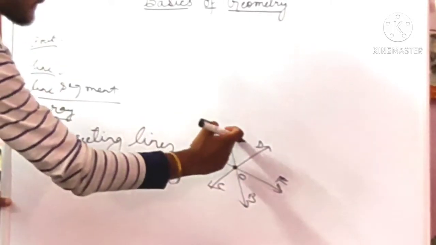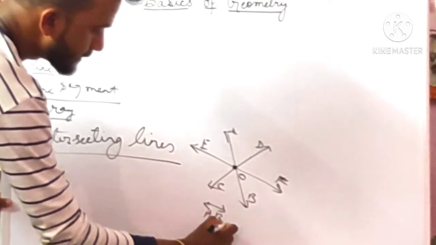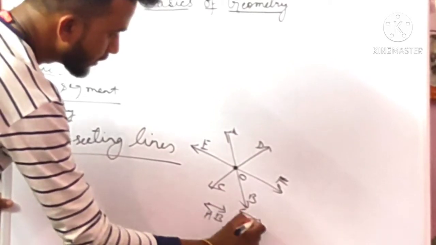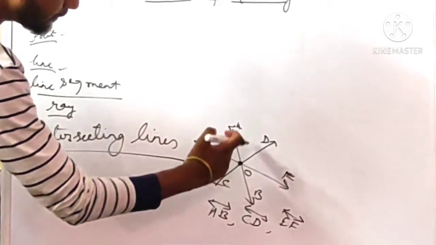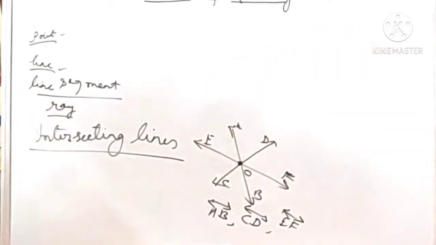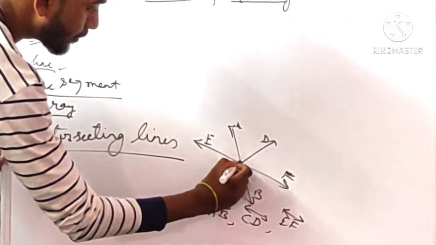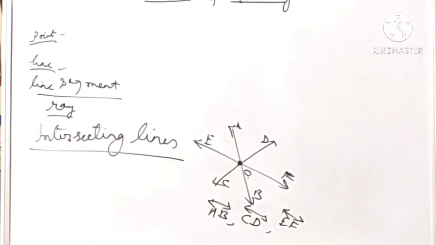So you can say line AB, line CD, line EF are intersecting each other at point O. That means they will be said as intersecting lines, and the common point at which they are intersecting each other, this one O, is said to be the point of intersection.